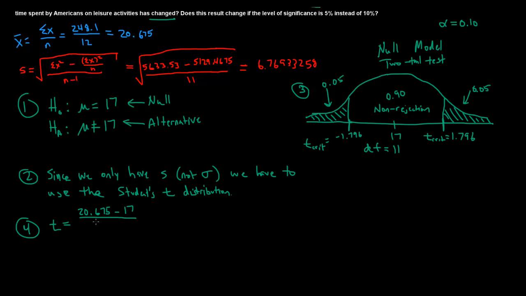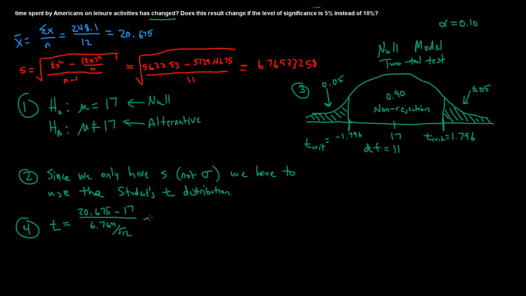Okay, so we actually need to take that value. I'm not going to write all the digits since it's so long, but I'll use those digits when I make the calculation. So I'm going to say 6.769 divided by the square root of n, and n here was 12. Again, I'm not rounding that for practical purposes of calculation. I'm just shortening when I wrote it.